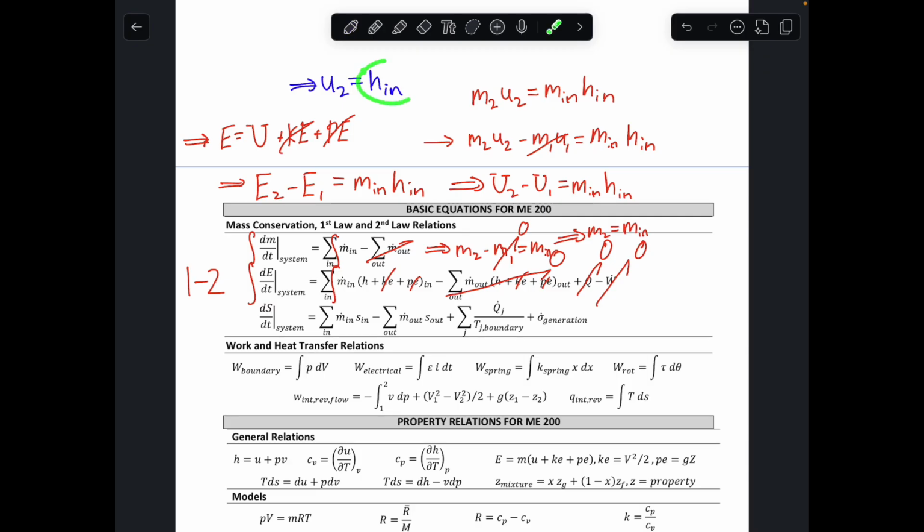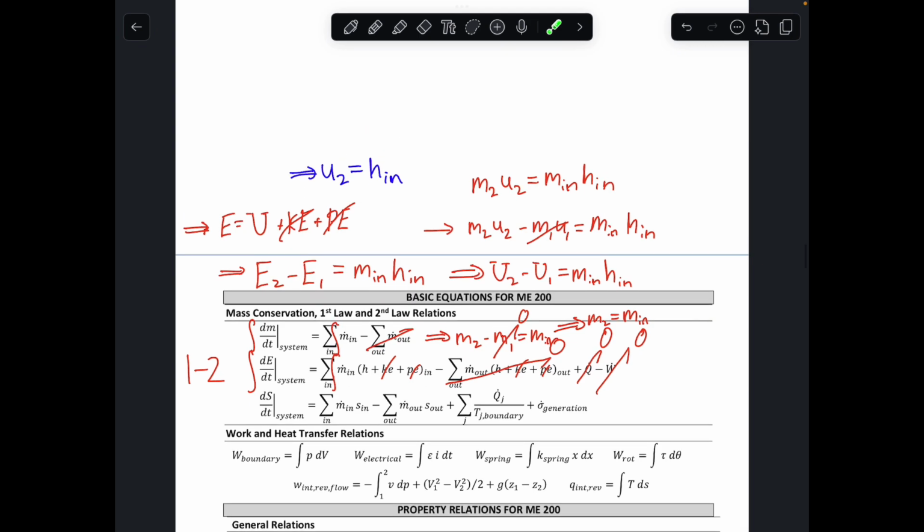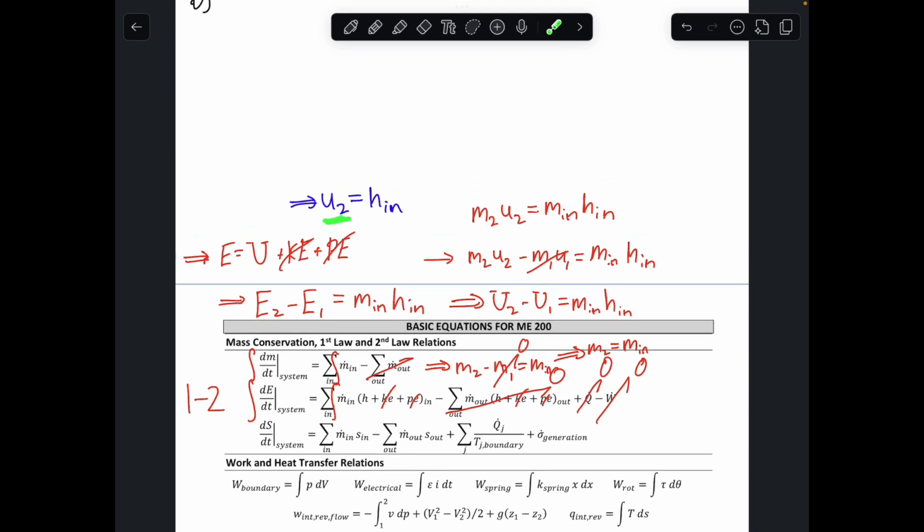So now we finally have the final property that we need in order to fix the state at the supply line, because this enthalpy at the inlet is going to be the same as the enthalpy in the supply line. And that is just going to be equal to our internal energy at state 2. And we can find that just from our tables. So this is the result that we want.